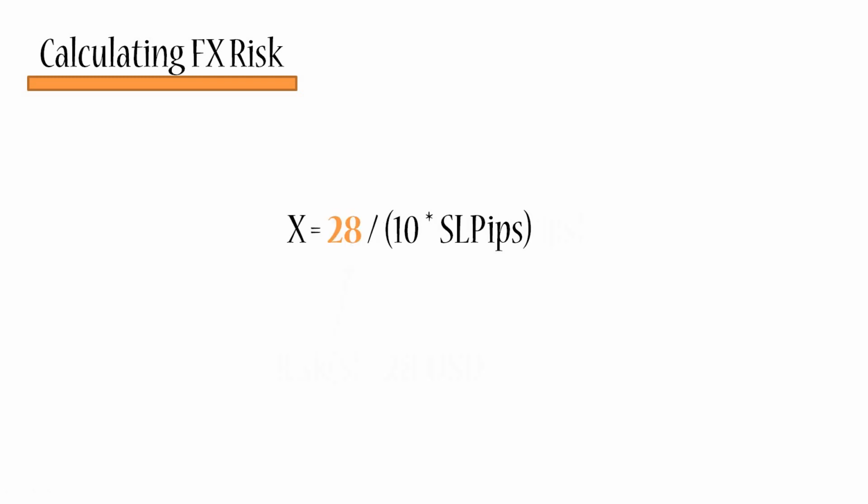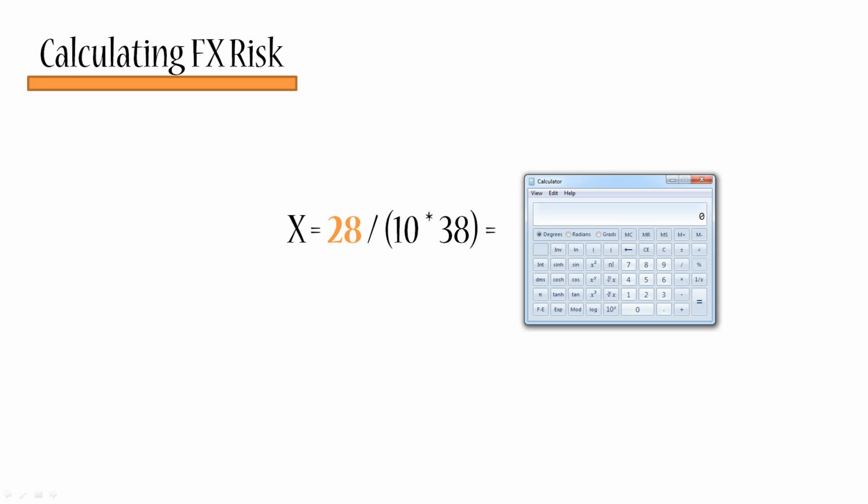Let's put that into the equation. The last thing we've got to input is the stop loss in pips, and that's about 38 pips. So let's input that now. And so that gives us, let's bring up the calculator, 28 divided by 10 times 38.